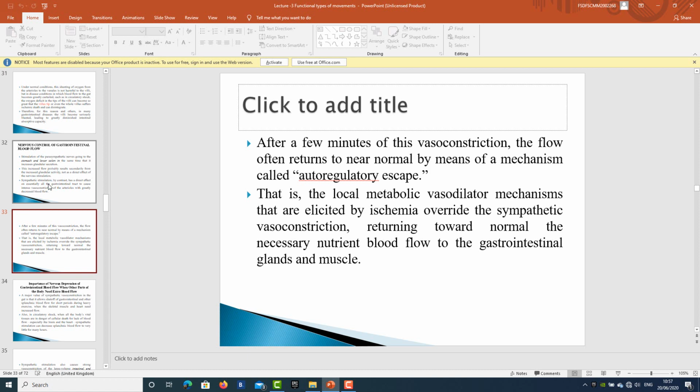That is, the local metabolic vasodilator mechanisms that are elicited by ischemia override the sympathetic vasoconstriction, returning toward normal the necessary nutrient blood flow to the gastrointestinal glands and muscles.